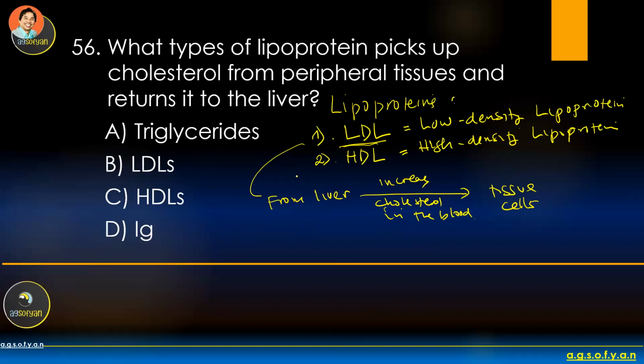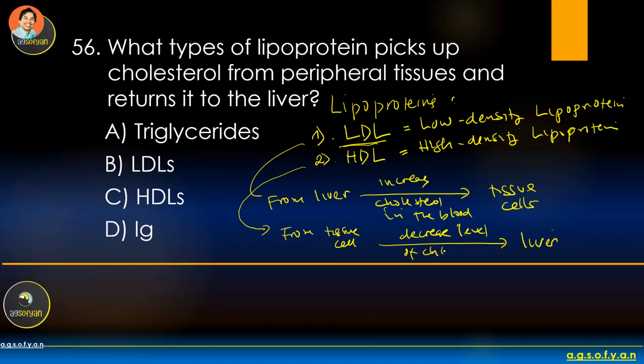The HDL is the one that carries cholesterol from tissue into the liver. In the liver, this cholesterol will be broken down. So when it carries cholesterol from tissue to liver, it actually decreases the cholesterol level in your blood.